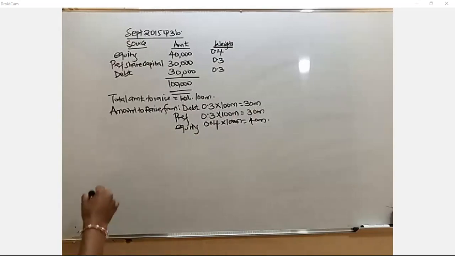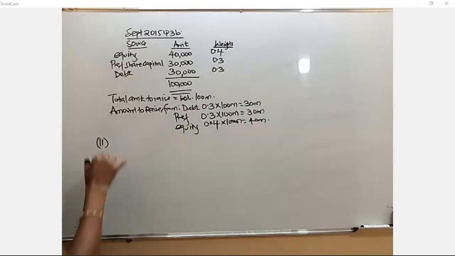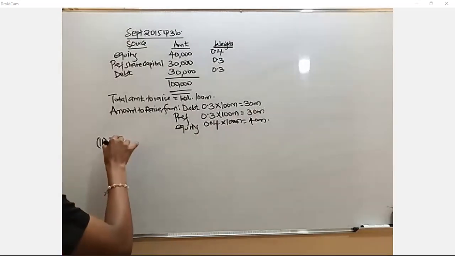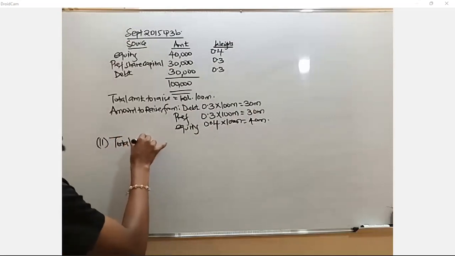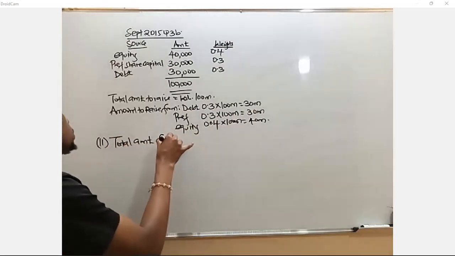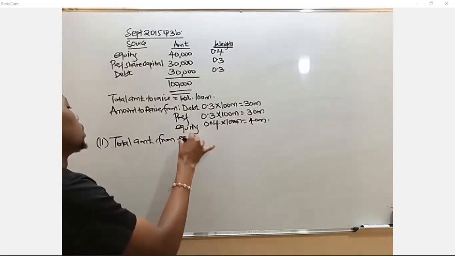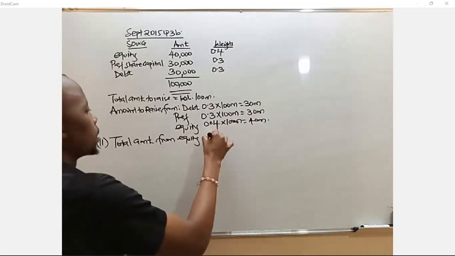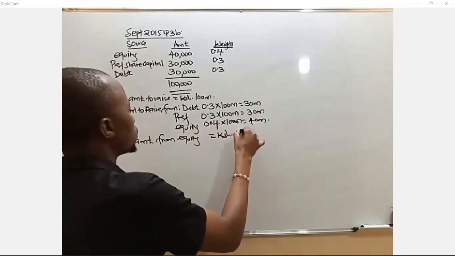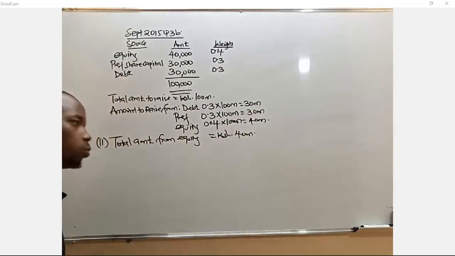When you look at requirement number 2, we are also being asked about the number of ordinary shares which can be issued. In this case, we are just going to take the total amount from equity. The total amount from equity, we are given, is Kenya shillings 40 million.